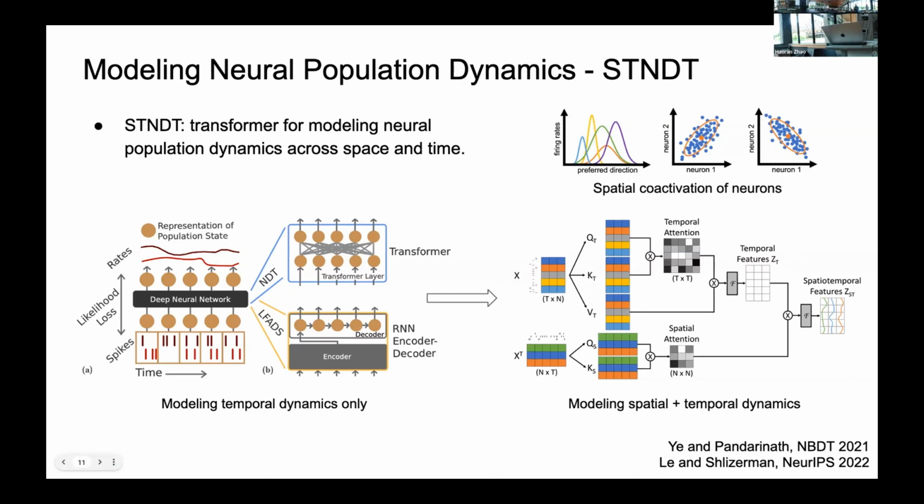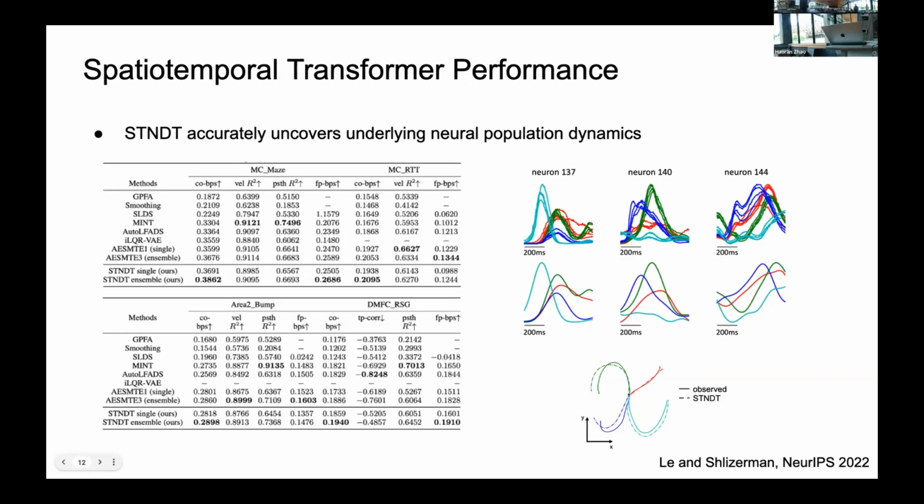So in our group, we have proposed a spatial temporal transformer, which explicitly models the temporal progression and the spatial co-activation of the neurons. Our work was published in NeurIPS last year.